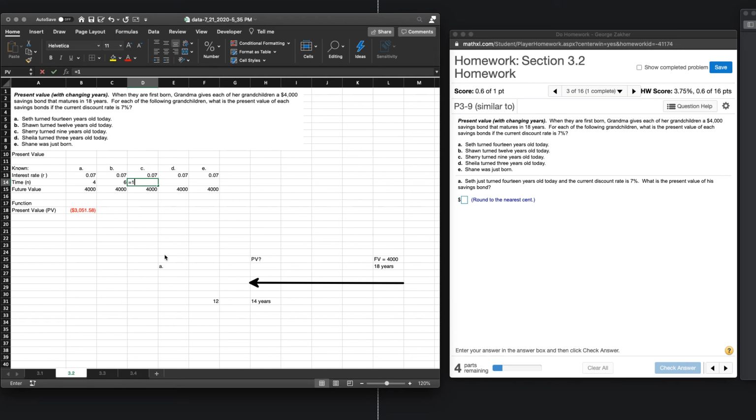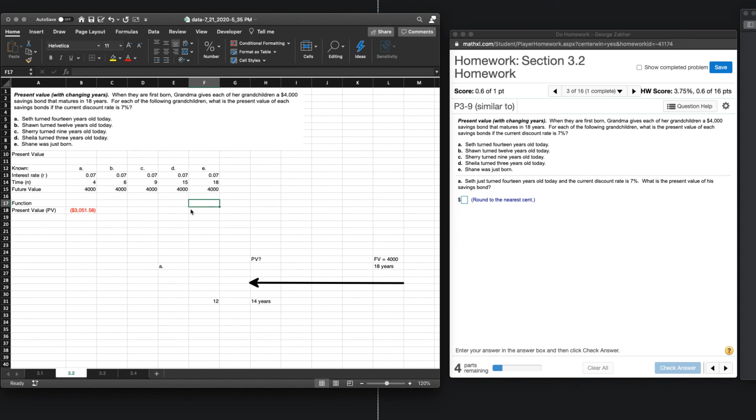Sheila turned 3 years old, so there's a lot more time for that bond to mature. And finally, Shane was just born, so there are no years elapsed, which means it needs 18 years for that bond to mature. It's going to discount from 18 years.